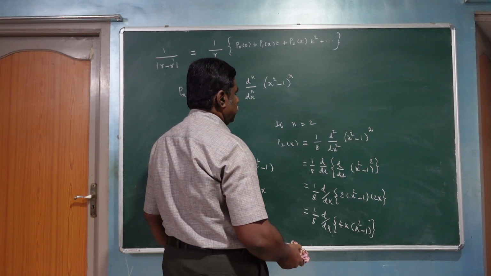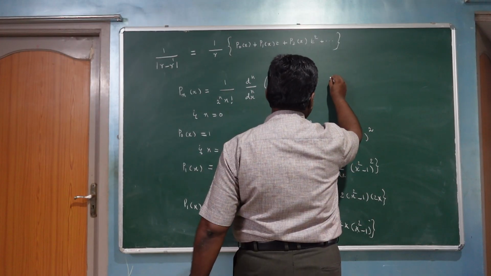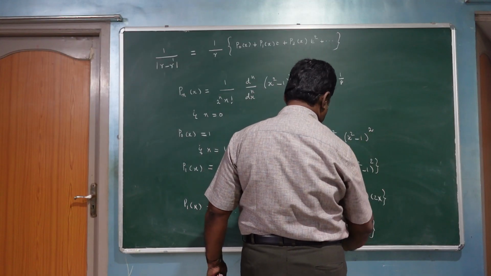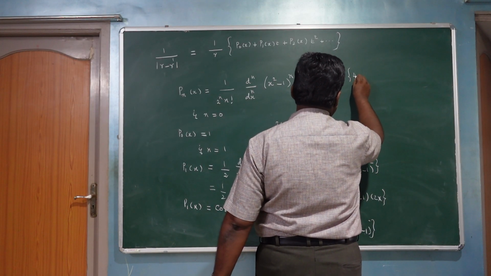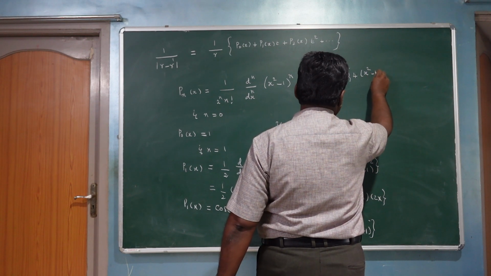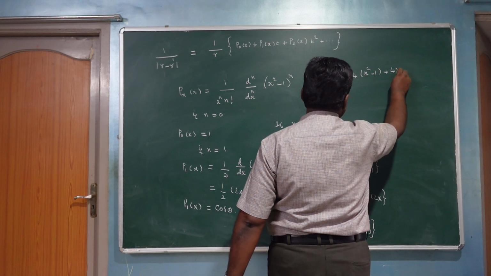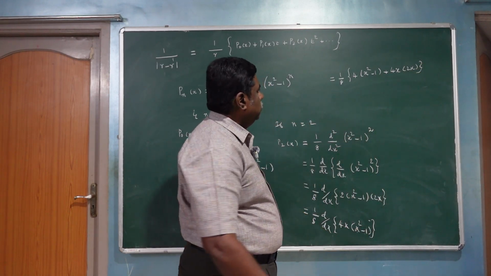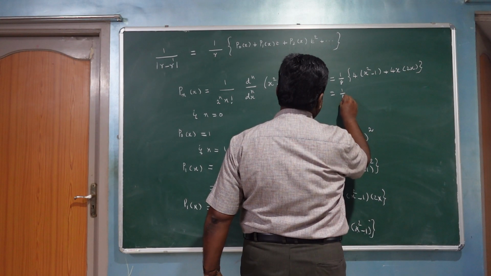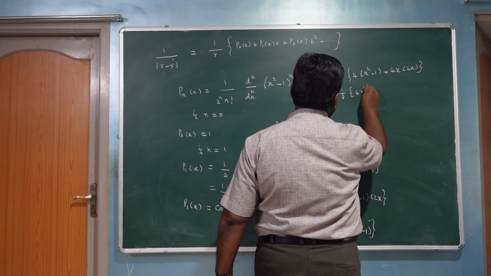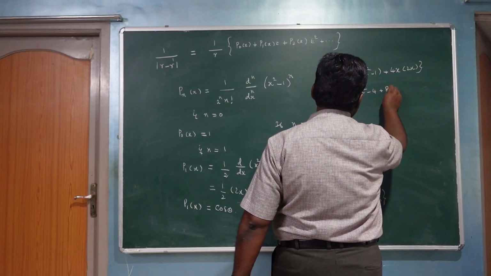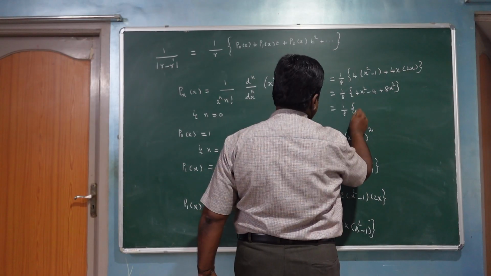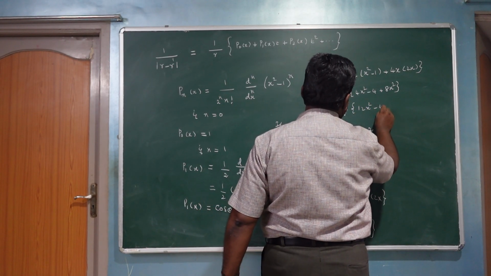If you differentiate this, we can get 1 by 8 d by dx of 4x into (x square minus 1), which is 4 into (x square minus 1) plus 4x into 2x. Just we have to use the UV formula. This is U, this is V. This is equal to 1 by 8 into (4x square minus 4 plus 8x square), which is equal to 1 by 8 into (12x square minus 4).